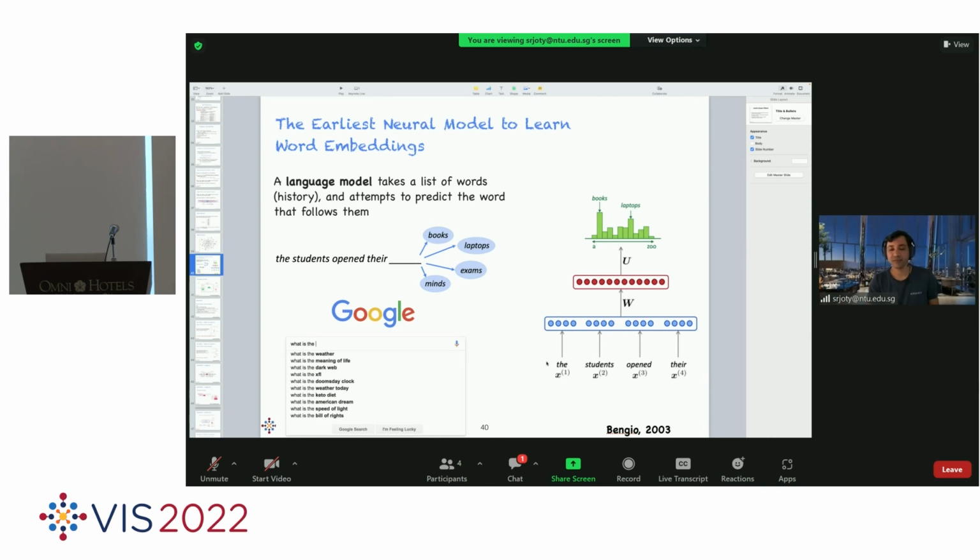Given a word, the first operation is the lookup operation to get the word embedding, or the vector representation, of that word. Now that we have the input for my deep neural network, I can pass it through a feed-forward neural network.